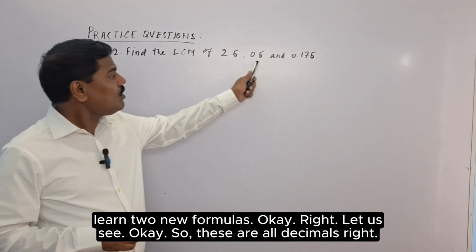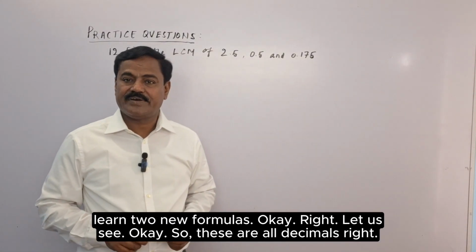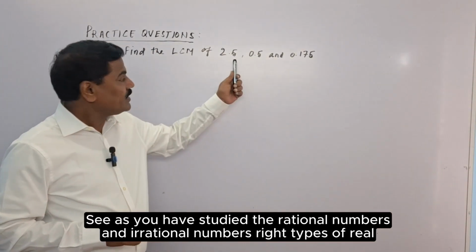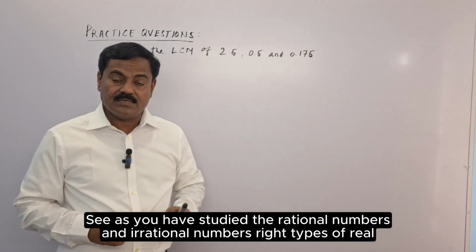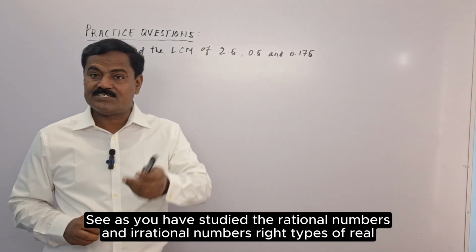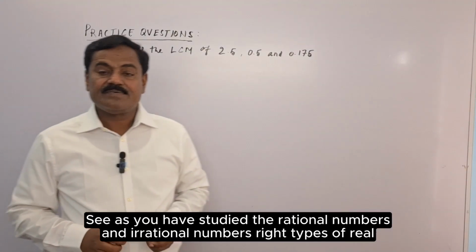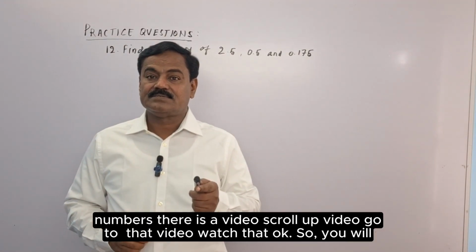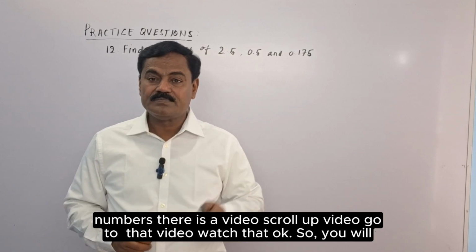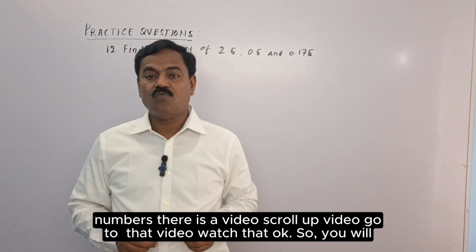So these are all decimals. As you have studied rational numbers and irrational numbers, types of real numbers, there is a video, scroll up, go to that video and watch that.